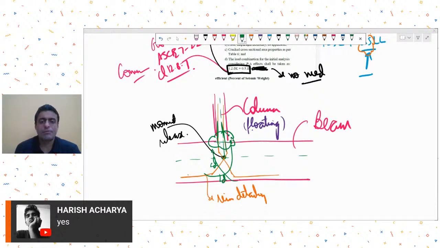So I'm not sure why they try to release the moment. In my opinion, you should treat it as it is. That means you treat it as a rigid junction and design the supporting beam for whatever moments are coming from your floating column. Okay.